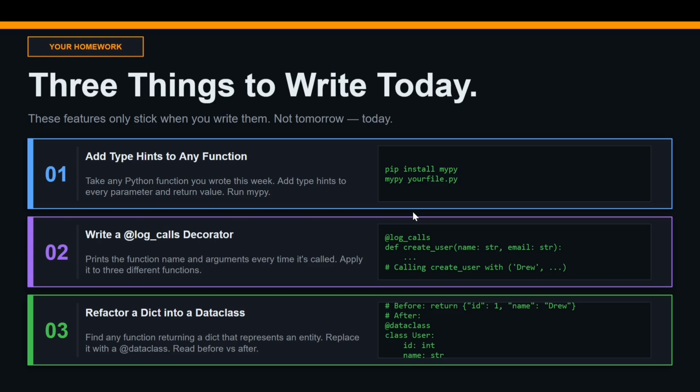These are the 3 features that should stick to you if you write them down today, not tomorrow. First, add typing to any function: take any function you wrote this week and give it typing, going back to your old code.